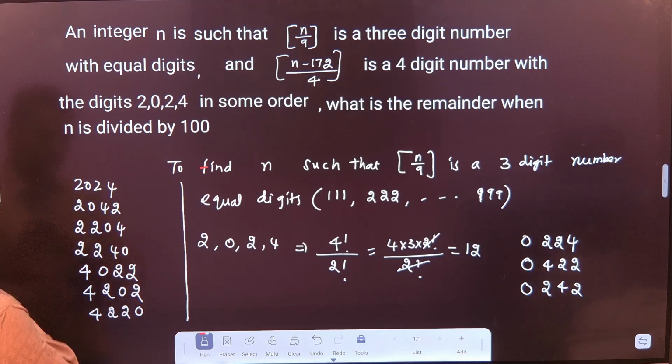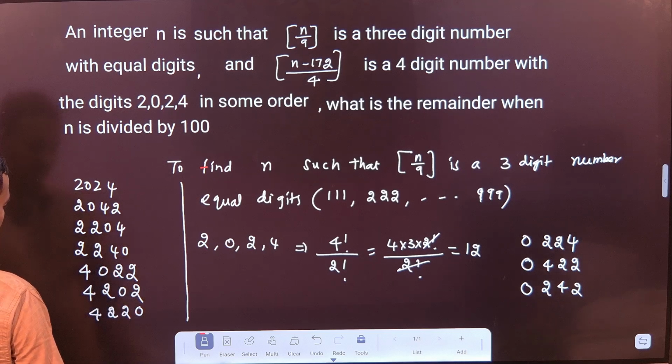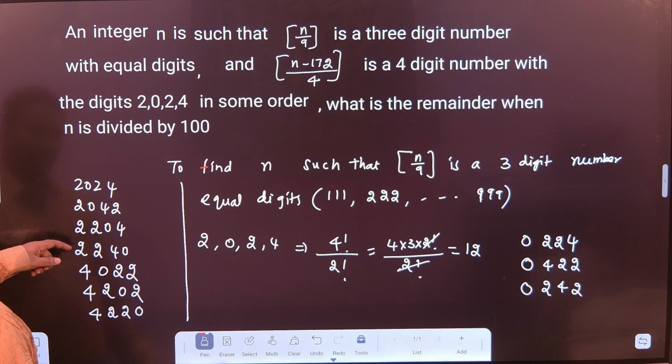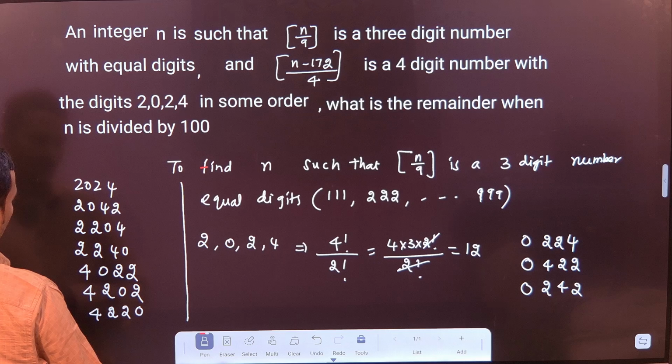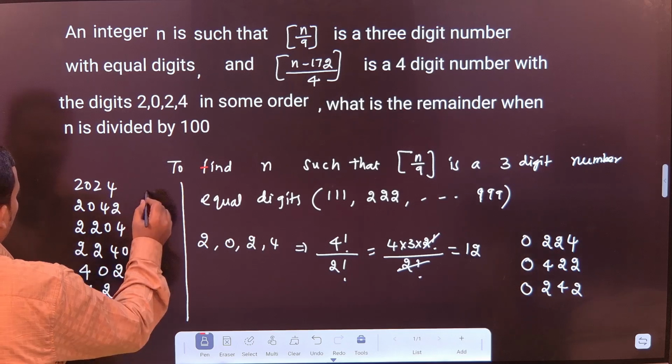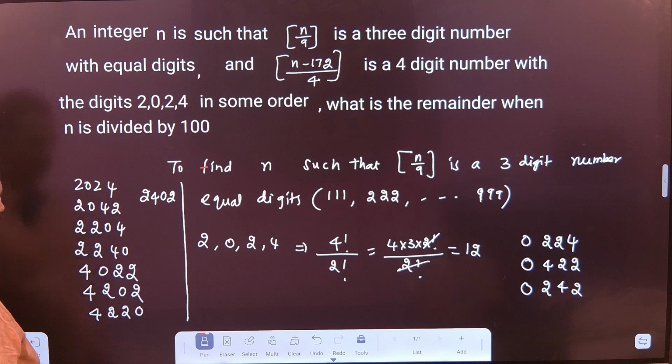Clear? Any other number? Yes, you can take those starting with 2, 4 also: 2, 4, 0, 2 you can take, and 2, 4, 2, 0 also you can take.